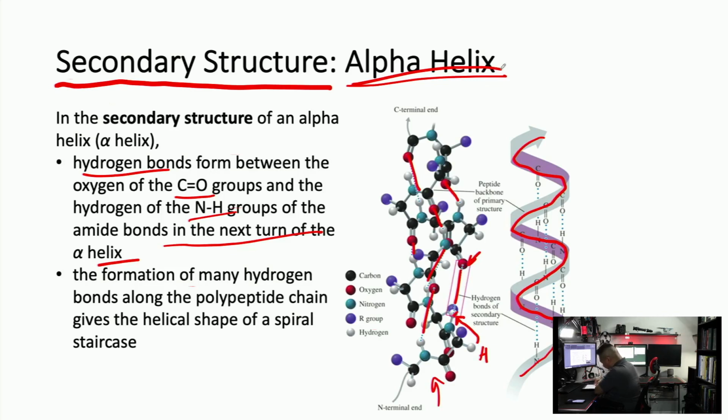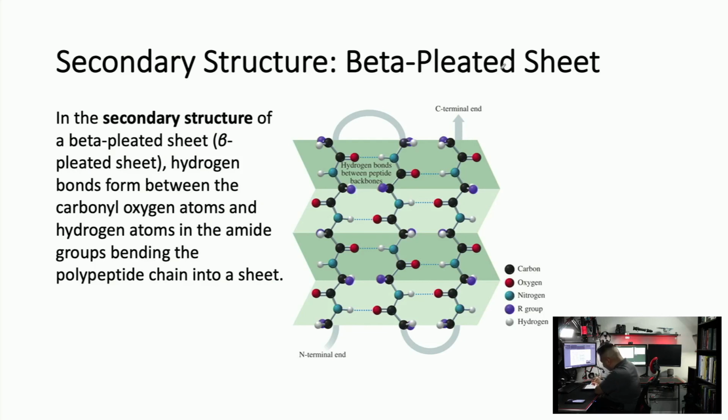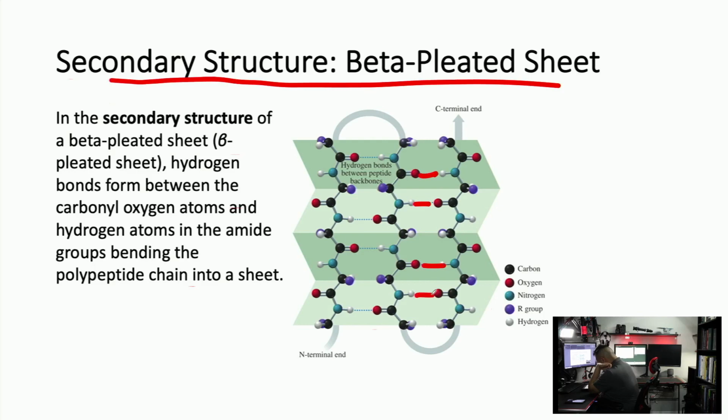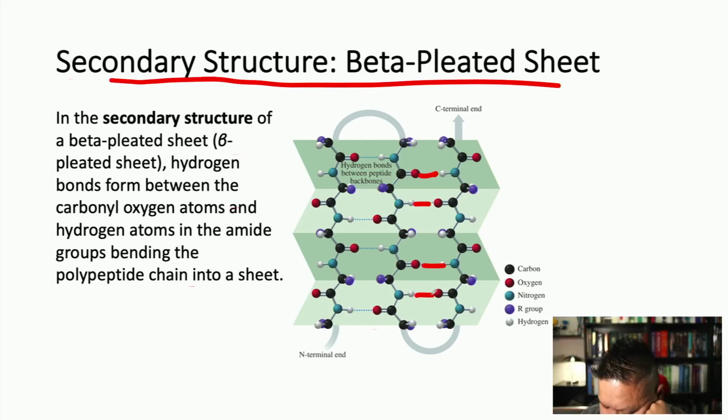If we keep on going, another secondary structure is known as the beta-pleated sheet. Same kind of thing going on here, where we have hydrogen bonds occurring between the hydrogen of the amide and the oxygen of the carbonyl of amino acids.